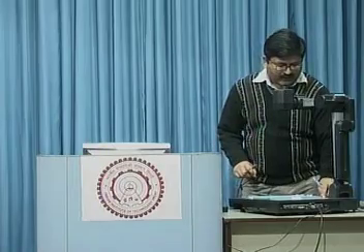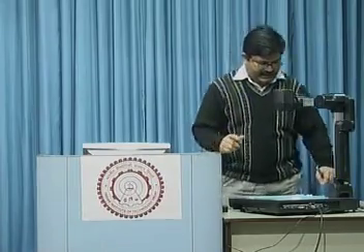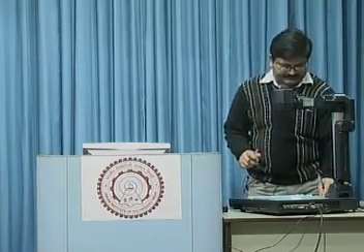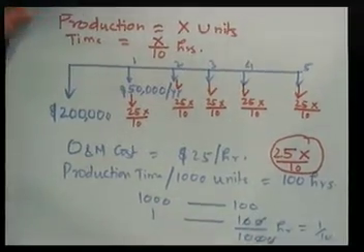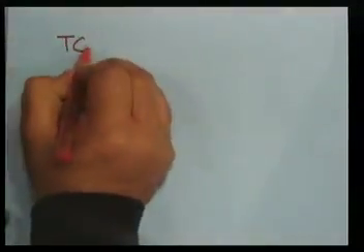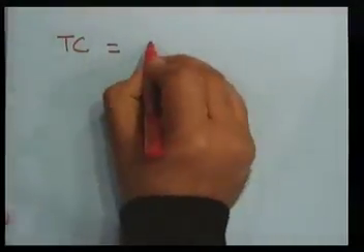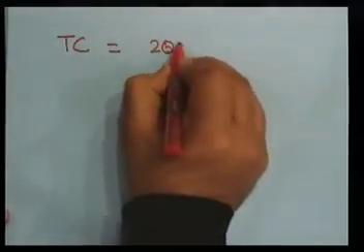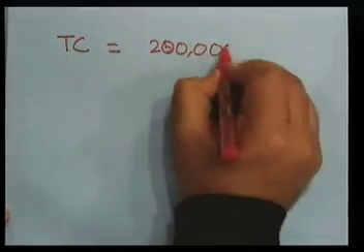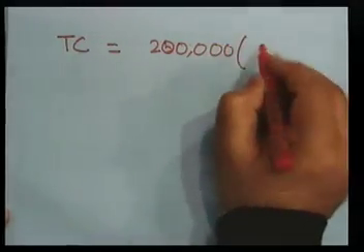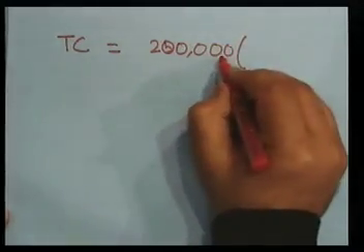So my total cost, if I try to convert everything into annual cost, is going to be 200,000, present worth is given.